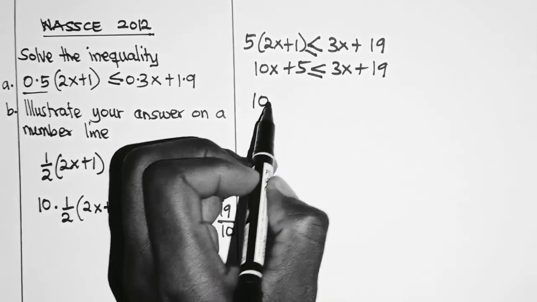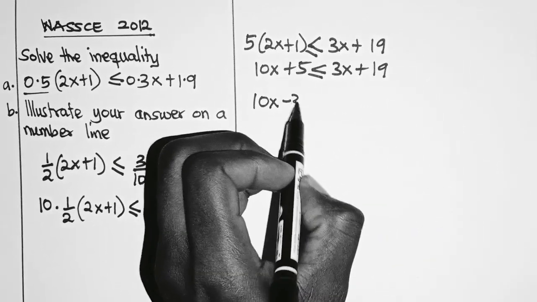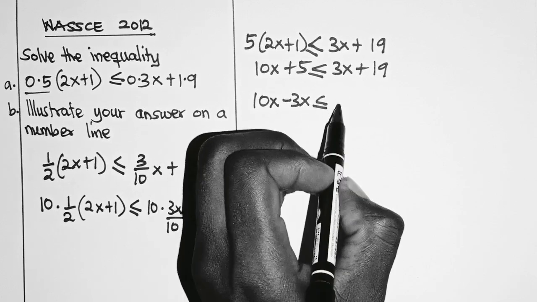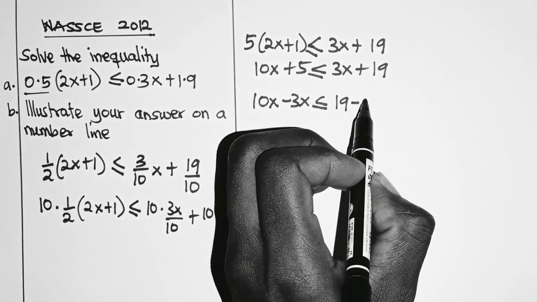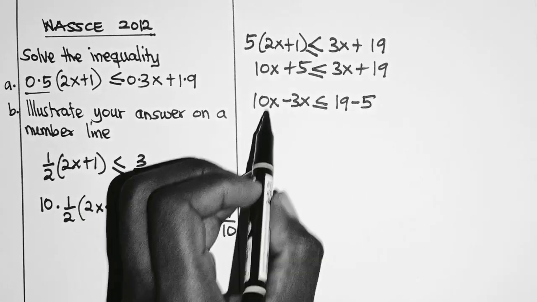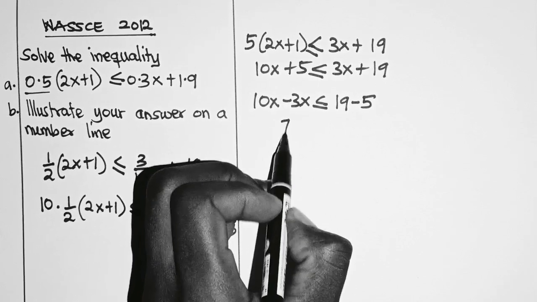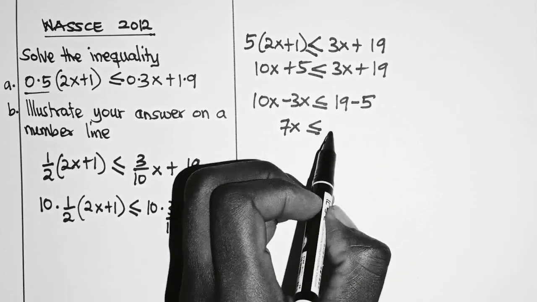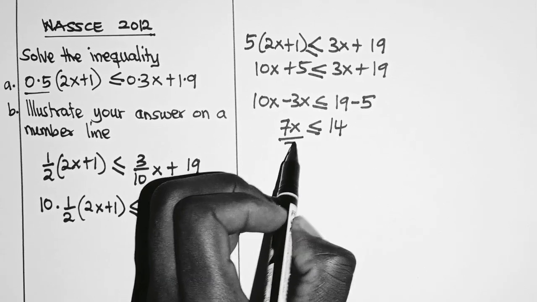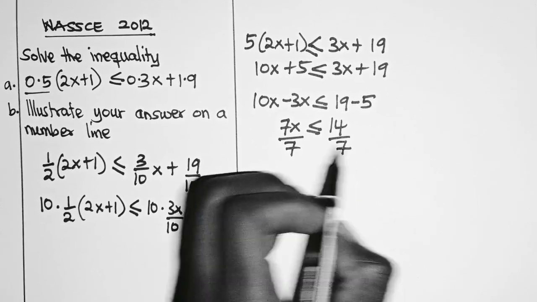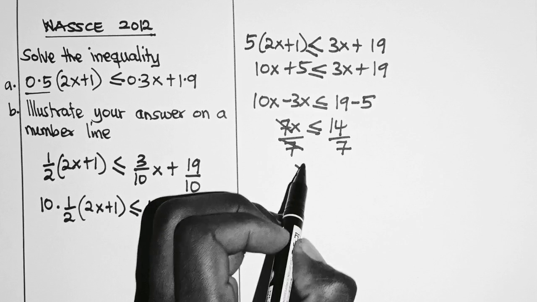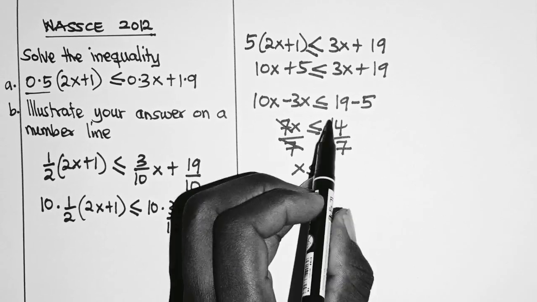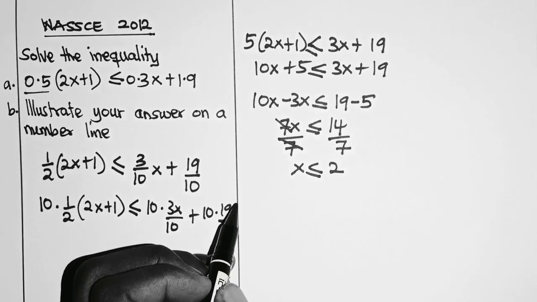Now, if we group like terms, we have 10x minus 3x less than or equal to 19 minus 5. So 10x minus 3x is 7x, less than or equal to 19 minus 5, which is 14. If we divide through by 7, we find that x is less than or equal to 14 divided by 7, which is 2.